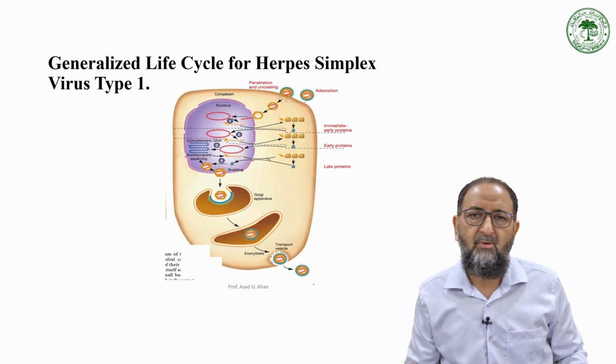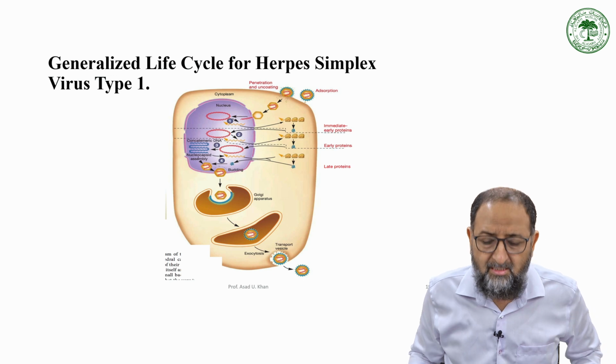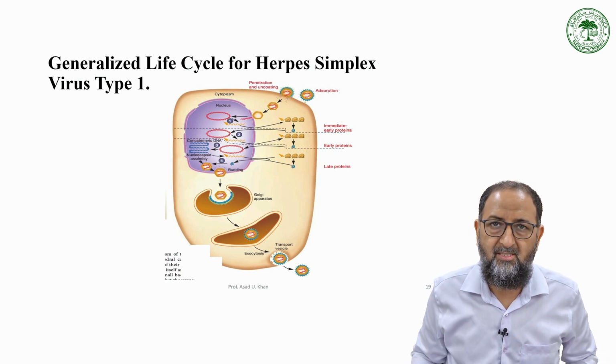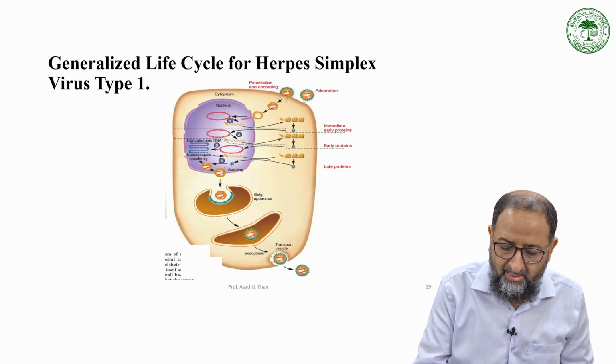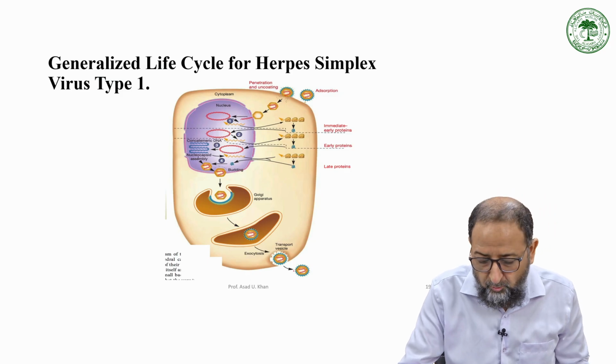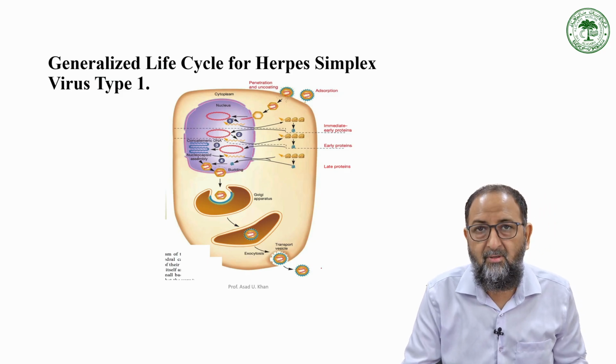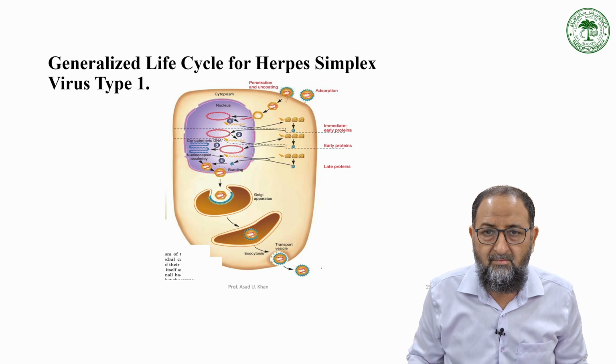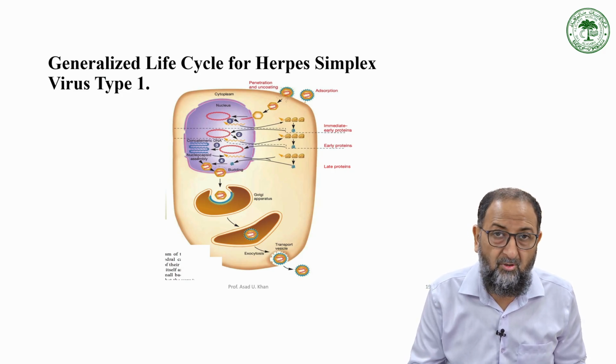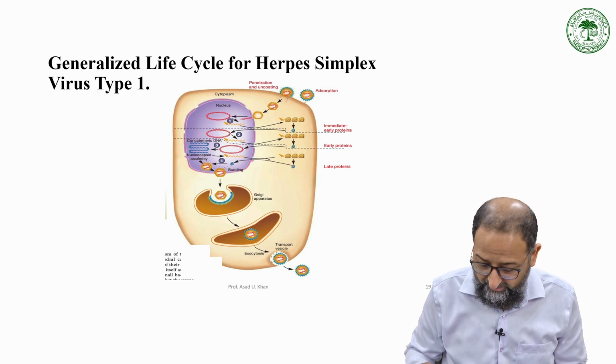Now in the case of animal viruses, it is not always necessary that you have complete lysis of the cells. A number of virus particles are formed and they exocytose through the membrane itself. So this is the process where they are released without killing the host cells, but they damage the cells to some extent.